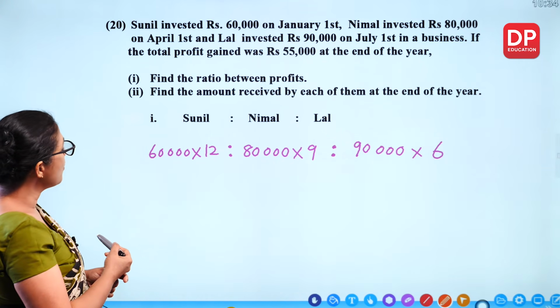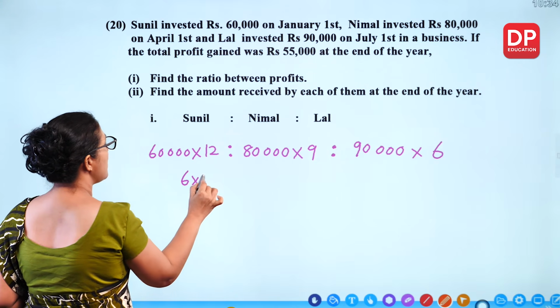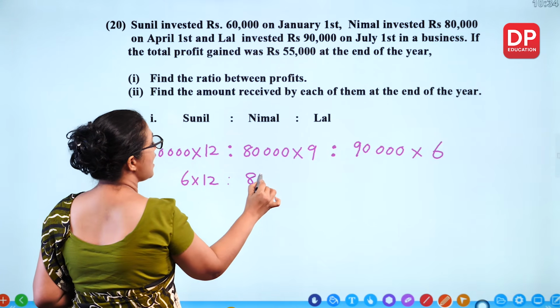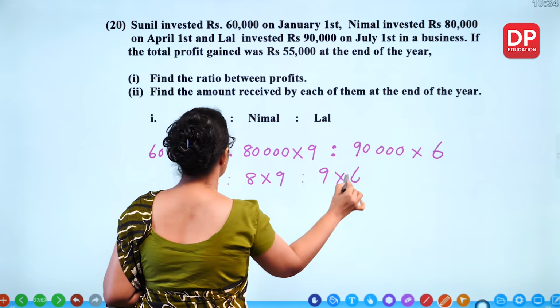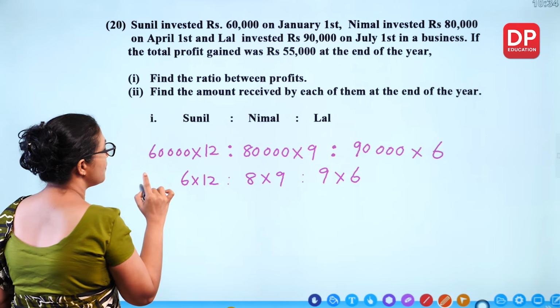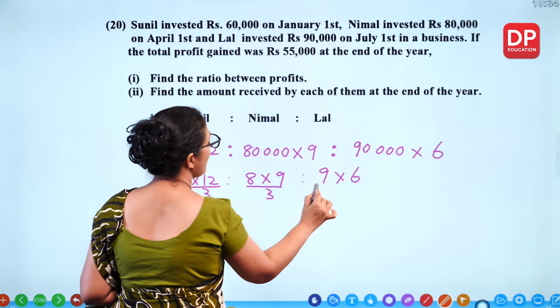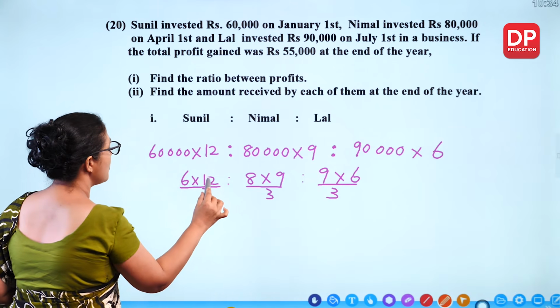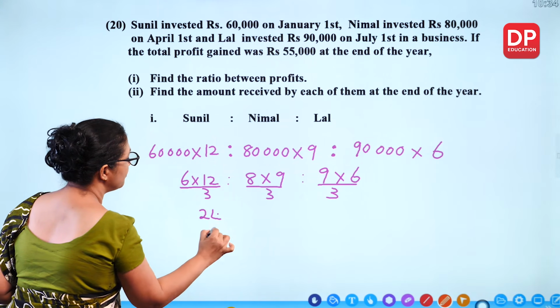Now simplify. You can divide this by 10,000. You get 6 times 12, 8 times 9, 9 times 6. Divide this by 3. You get 24.